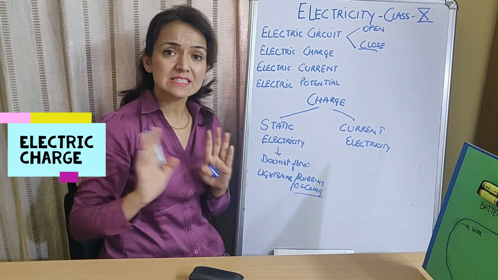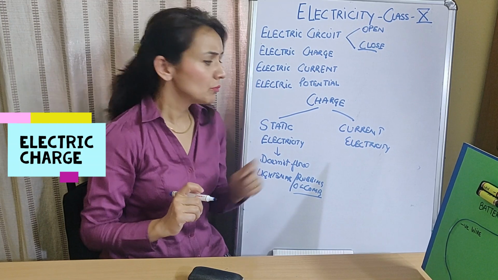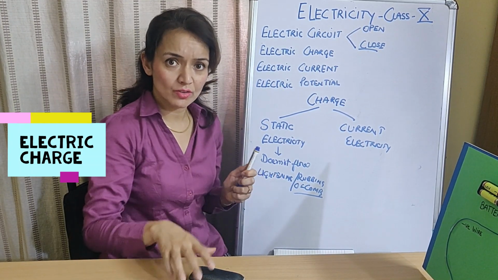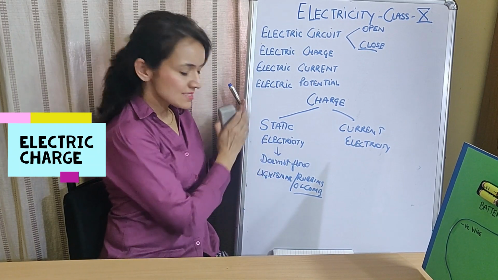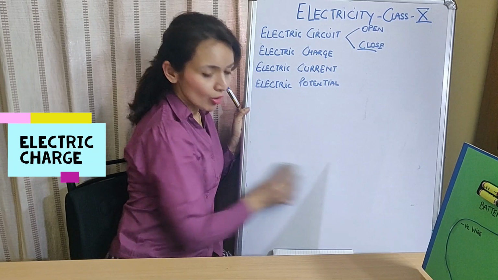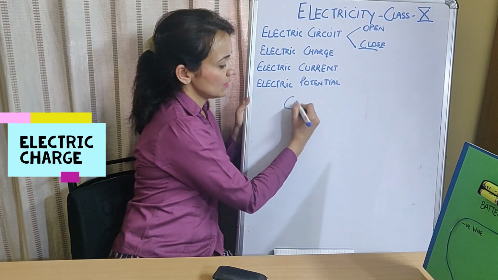So this is called static electricity. But now we will be doing current electricity, which is actually in your class, in your topic. Now I am giving you details of current electricity.